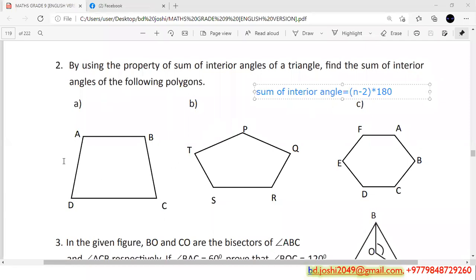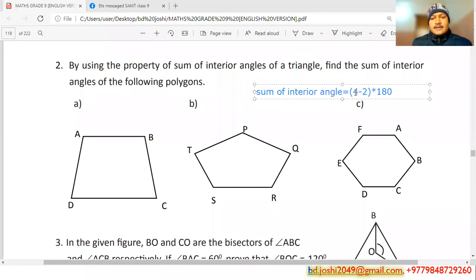How many sides are there in the first figure? 4 sides. Instead of n, we have to put 4 here, isn't it? 4 minus 2 is 2, and 2 into 180 is 360. How many sides are there in question number B? 5 sides.